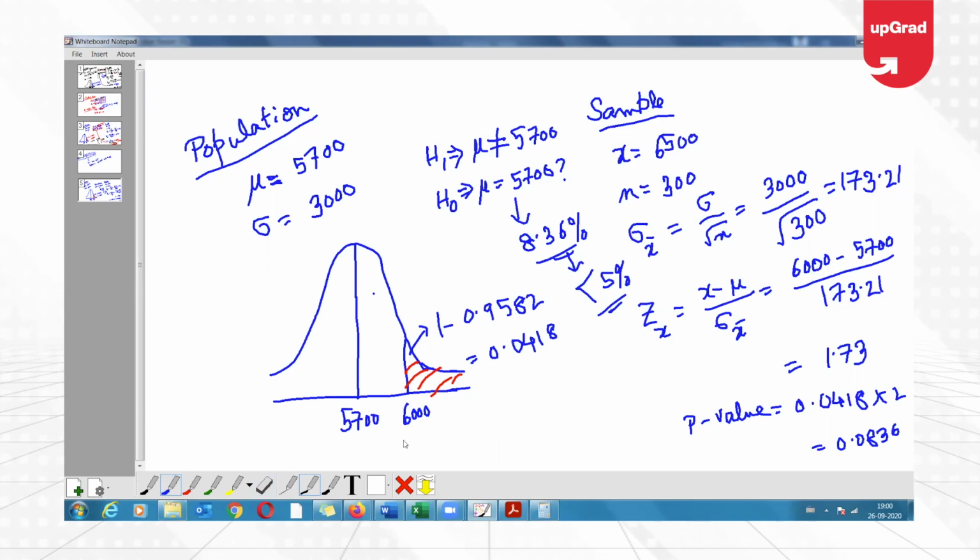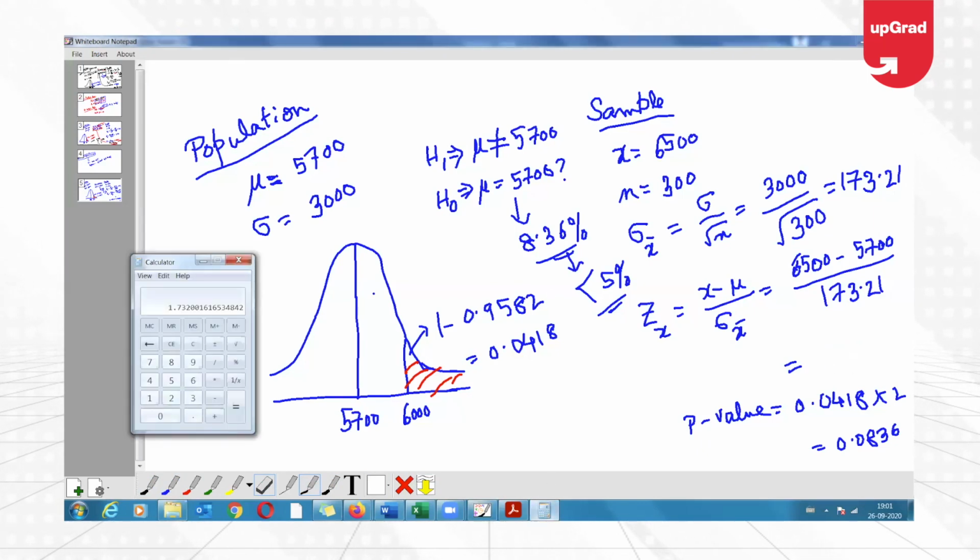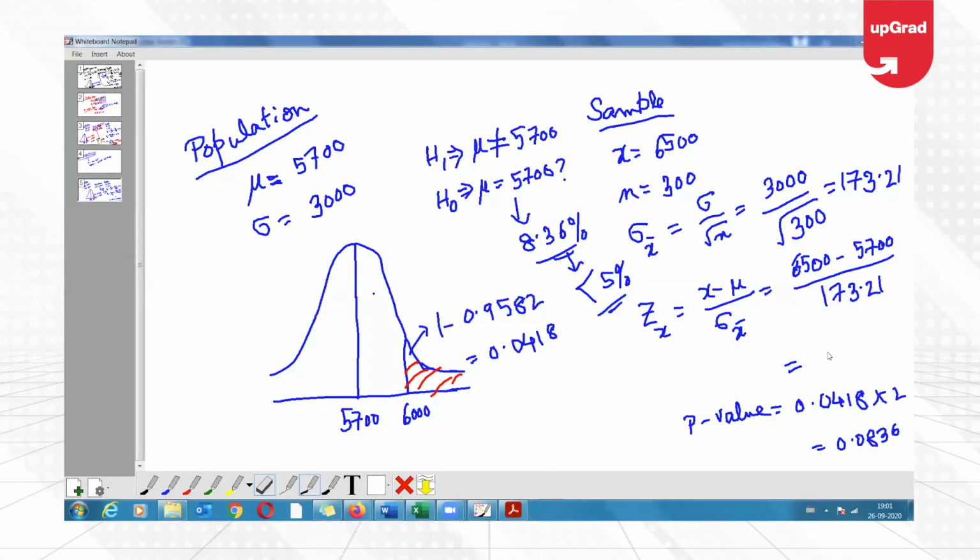So in that case, this will be 6,500. So 500 by 173.21 is 2.88. A z-score of 2.88.